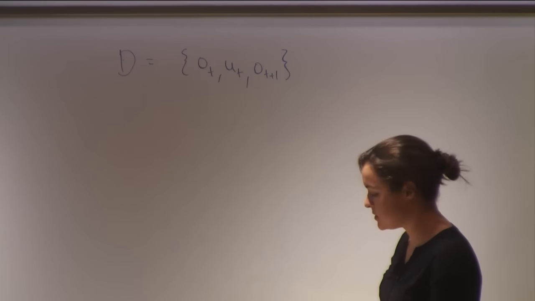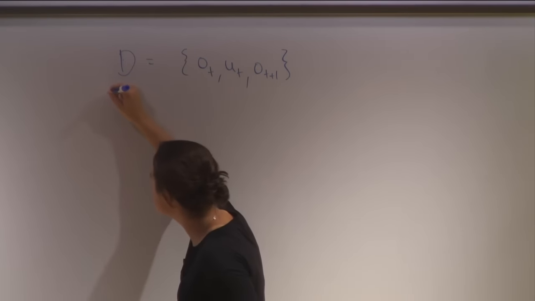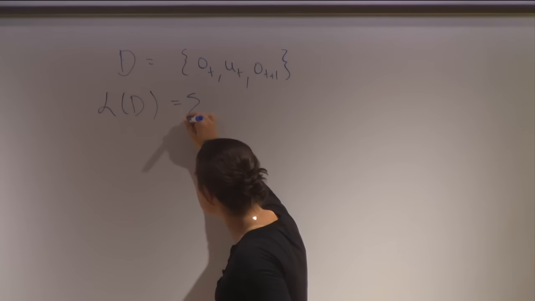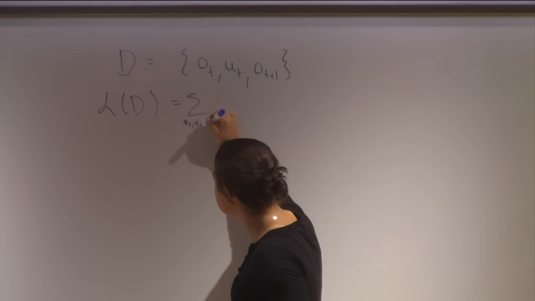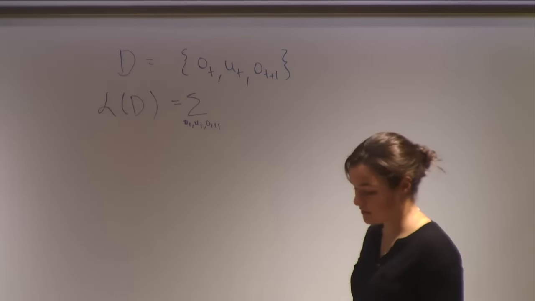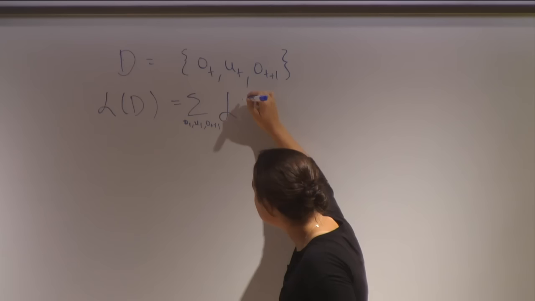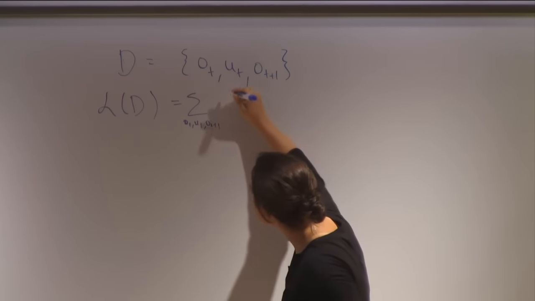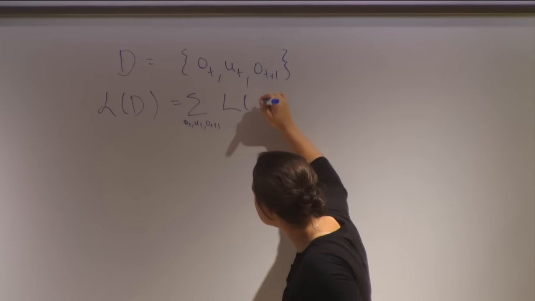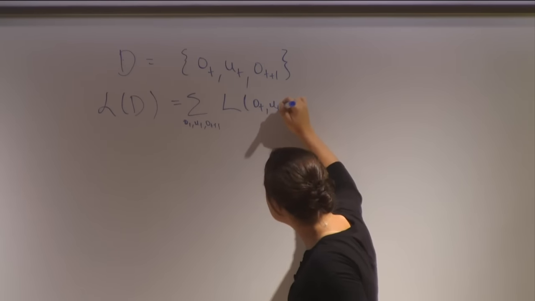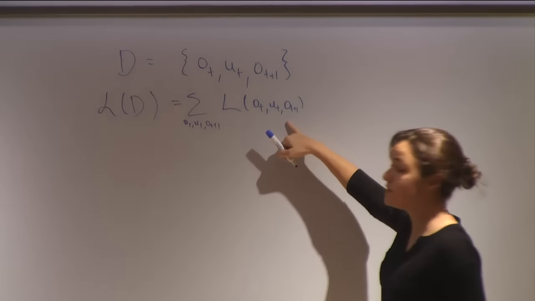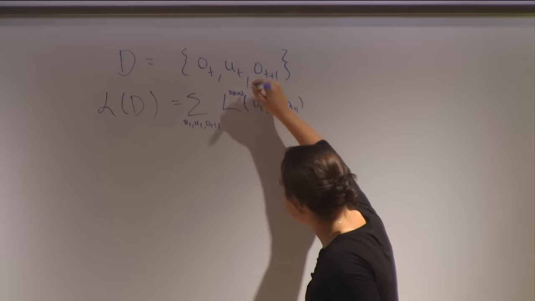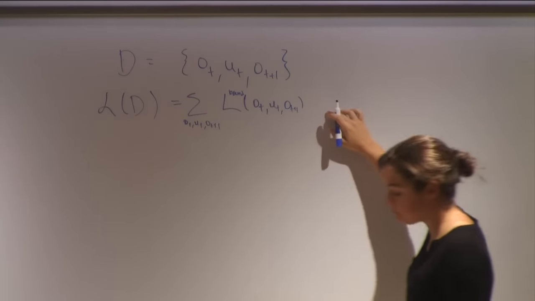The objective in this case, L of D, looks like a sum over the points in your data set, the triplets in your data set. This is a likelihood term on OT, UT, and OT plus 1. This is the likelihood of seeing that triplet. And this is going to be a variational lower bound on that likelihood.